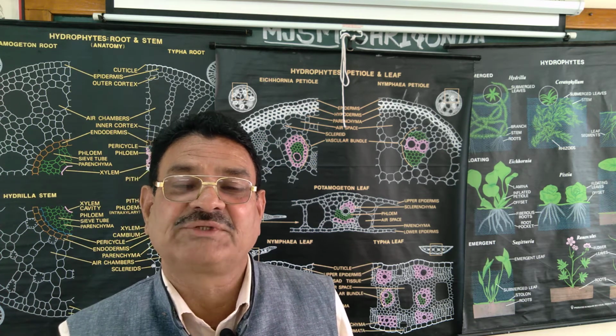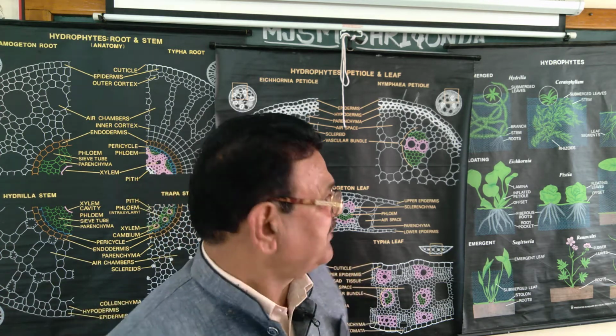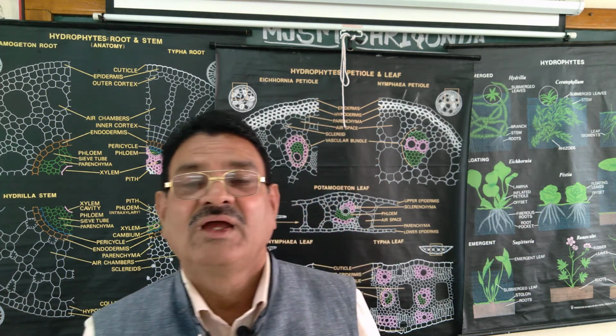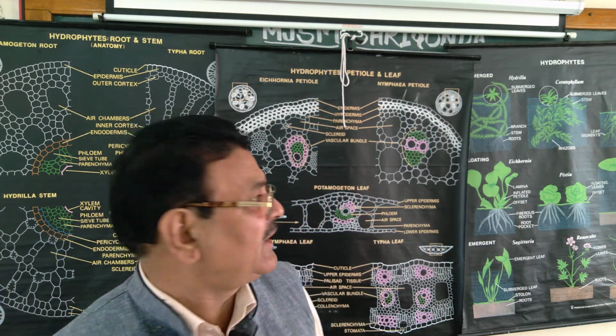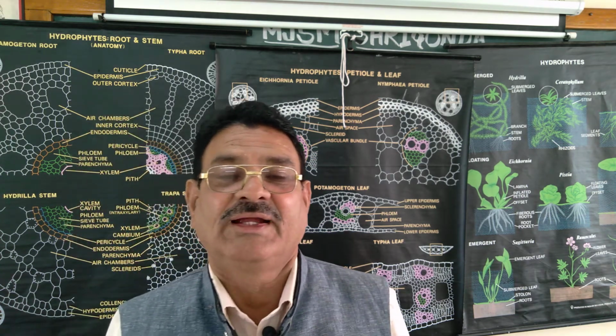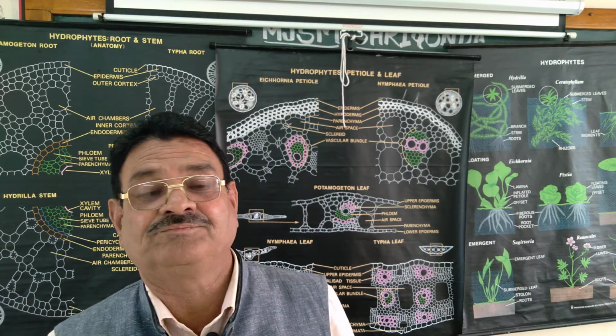Floating leaves capture sunlight to perform photosynthesis. Example Nymphaea nilambo. And Pistia is the example of free floating hydrophytes. Then rooted hydrophytes with floating leaves, another example is Trapa.